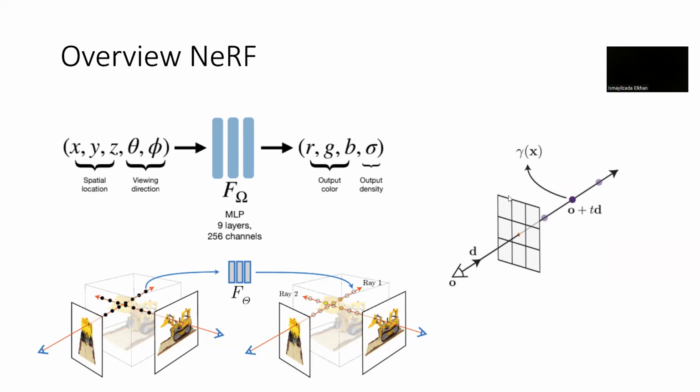Like I said, we do this for multiple angles for a single scene, and we cast a ray into the scene, meaning we simply assume a line going through a particular pixel of that viewing direction. We feed these 3D coordinates into an MLP, as well as the angle of the ray, and it maps to RGB and volume density.